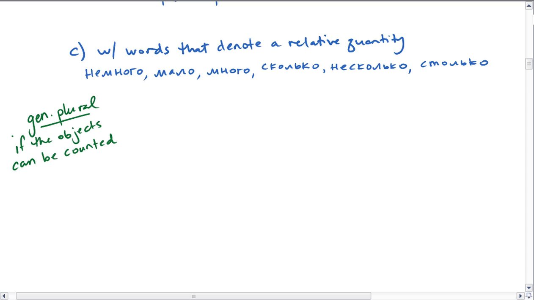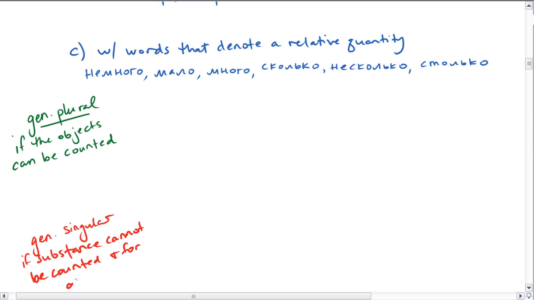And we will use the genitive singular if substance cannot be counted, and for abstract nouns.